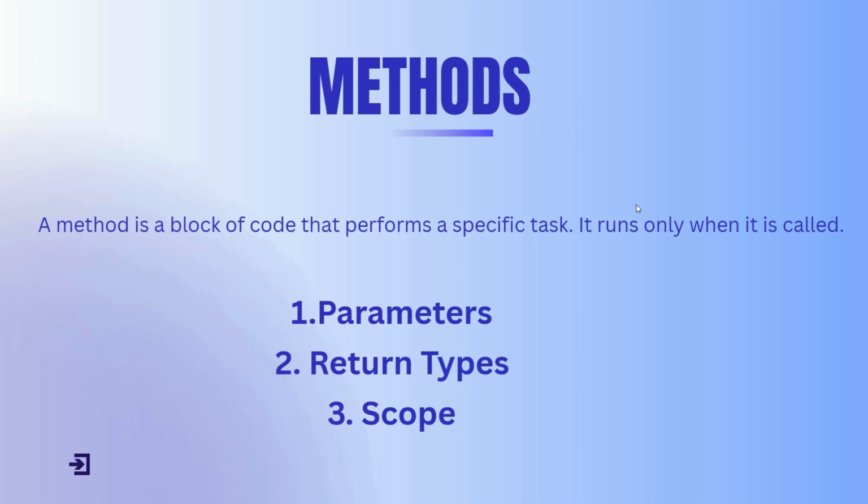If you wrote recursion programs in your college or school time, you might understand: we write a sub method which we call inside our main class. So a method is like a small class. In that we have three things to understand: parameters, return types, and scope. Parameters is nothing.